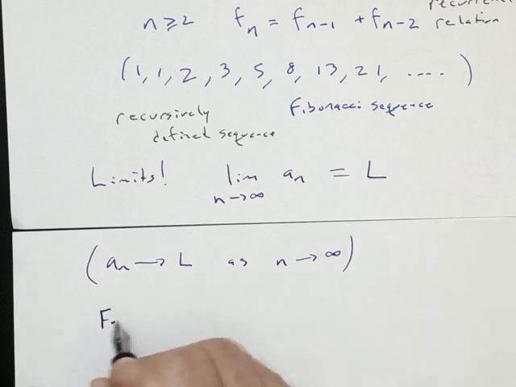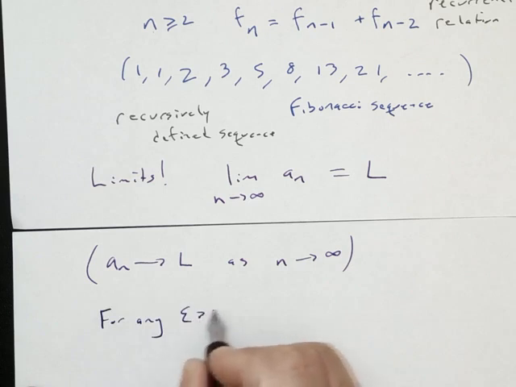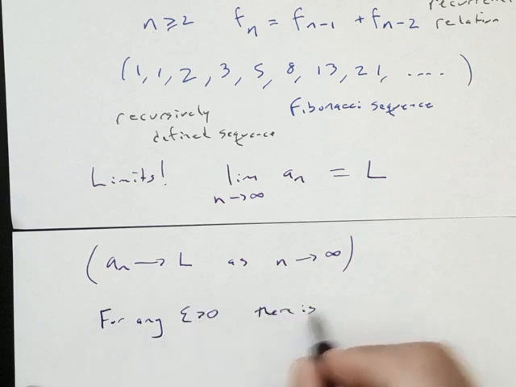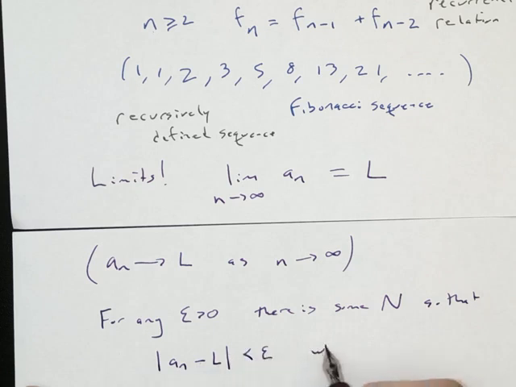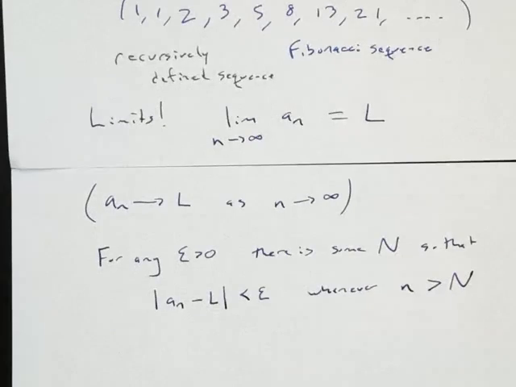It means that for any epsilon, there is some capital N so that the difference in the y values is less than epsilon whenever little n is bigger than my capital N. If you've gone far enough down the list, you can make the difference between the dots and the y value that you think it's going towards as small as you want.